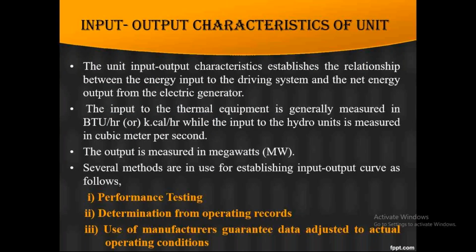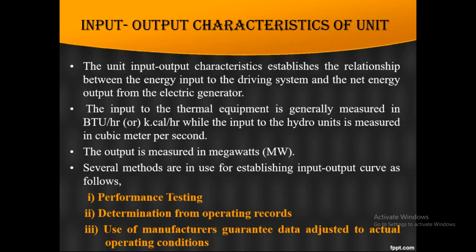The first one is the input output characteristics of a unit. Let me consider thermal power plant and hydro power plant separately. The input output characteristics give the relation between the energy input that drives the system and the net energy output from the electric generator.